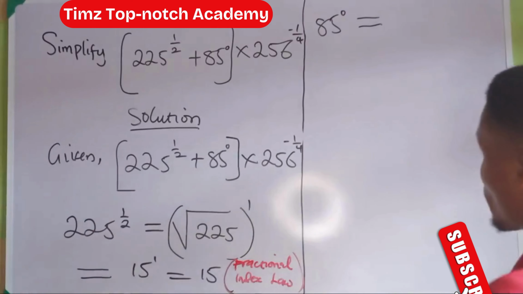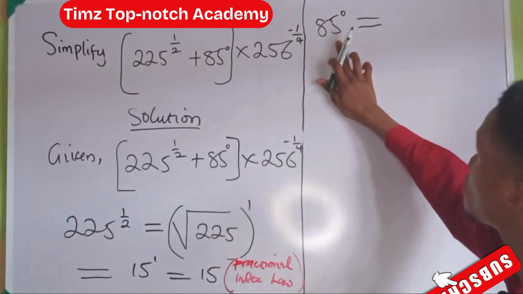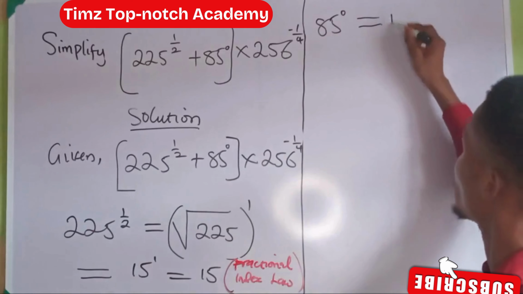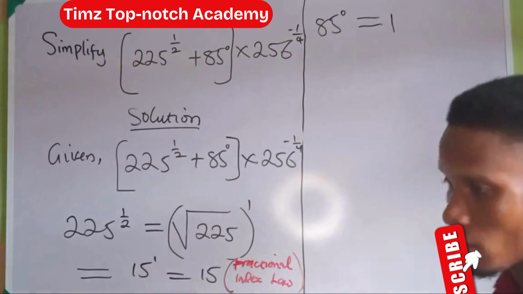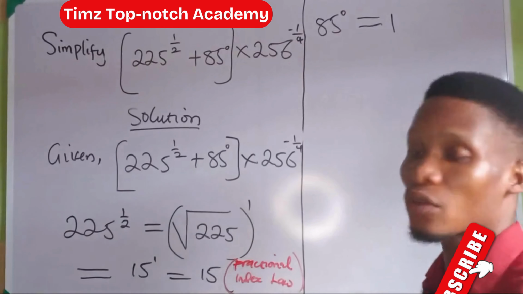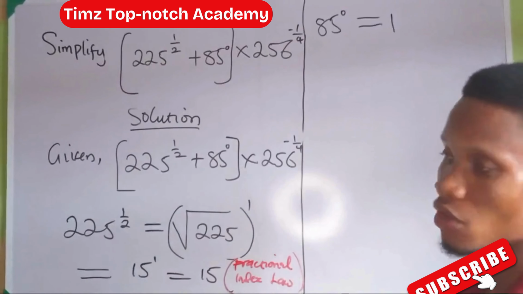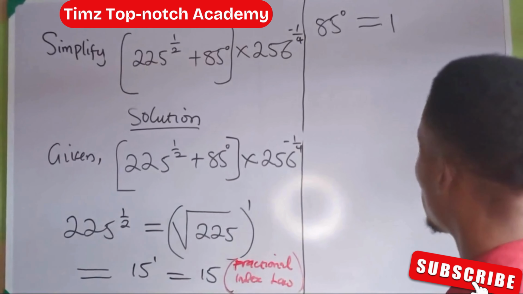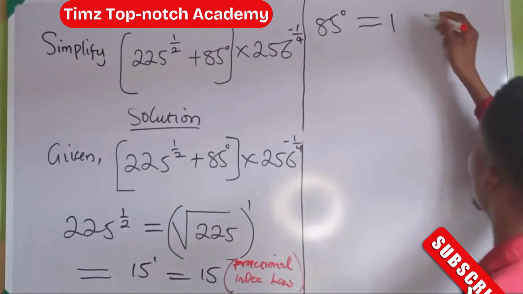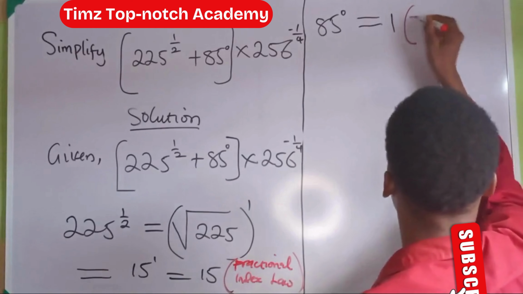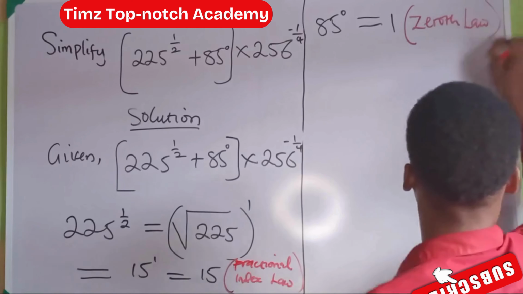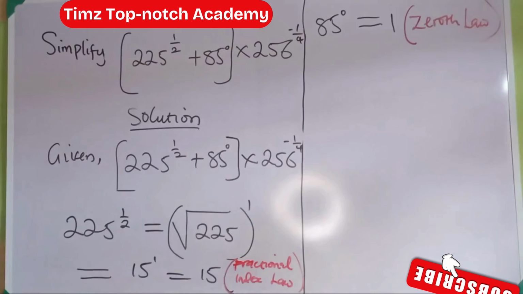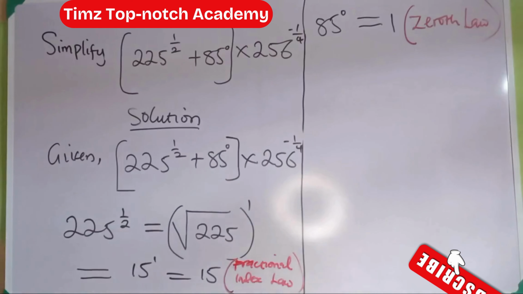So here, 85 raised to power 0 is what? 1. Any number raised to power 0 is 1. Whether it's 100 raised to power 0 or 1000 raised to power 0, it is 1. I explained it in my other videos. We call it the zeroth law of indices. So this is that.